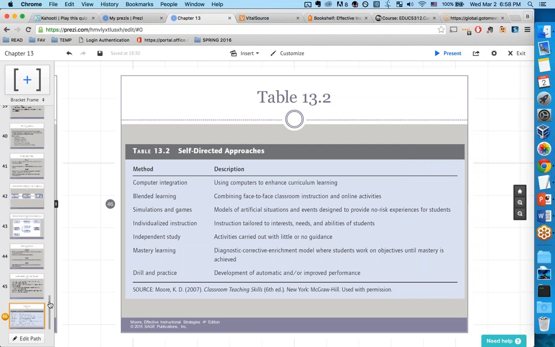All right, so I think I'm done here with my presentation. What we want to do at this time is take a look at some practice questions. For this, I do have a quiz on Kahoot. Let's go ahead and play this game.